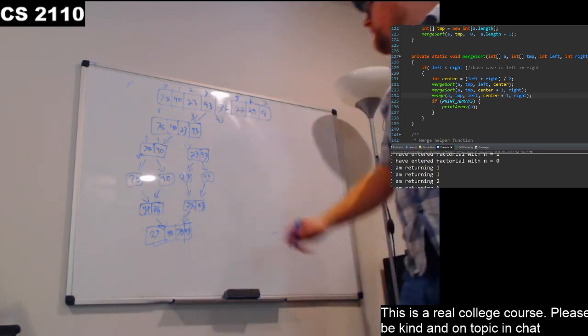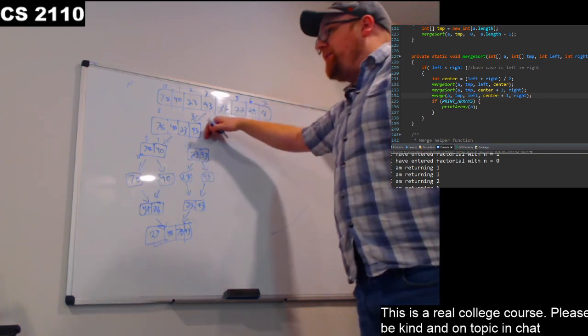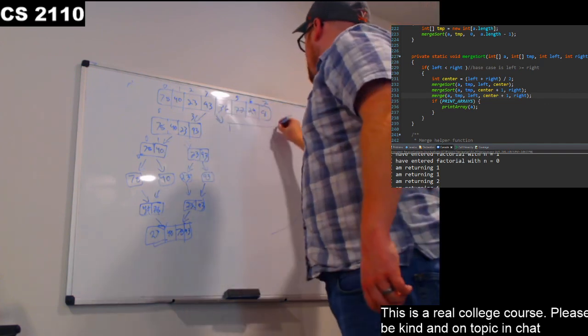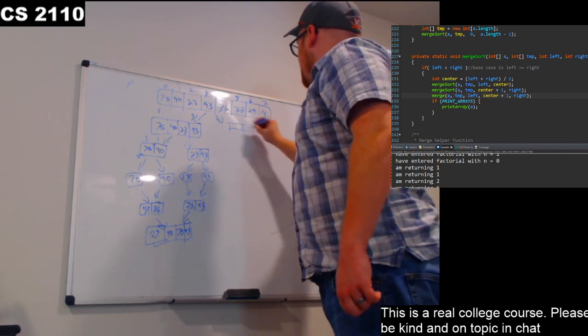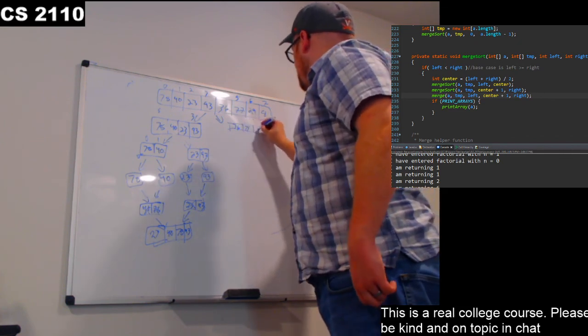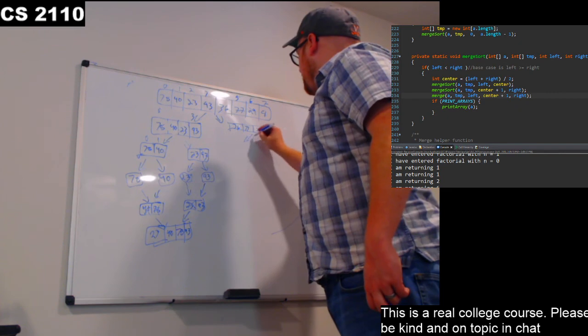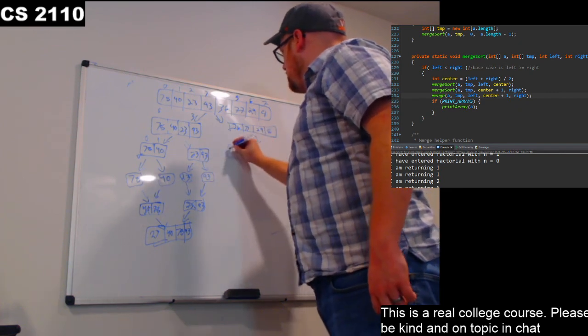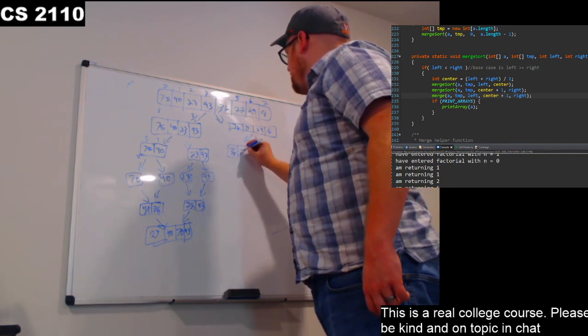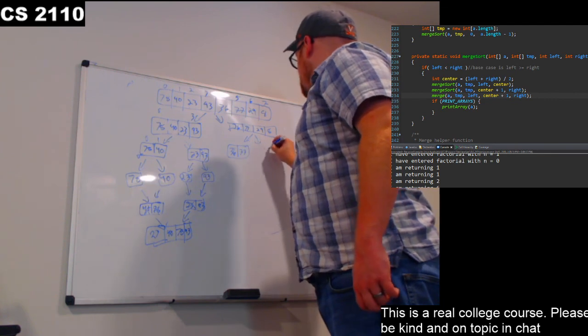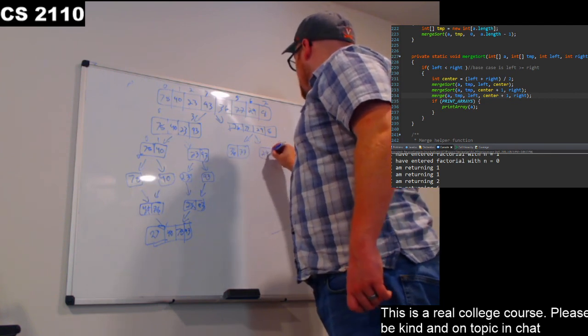Now, we come back up. This half is sorted. We sort the right half the same way. So we break it up, 36, 77, 29, 8. We break this in half, 36, 77, 29, and 8.